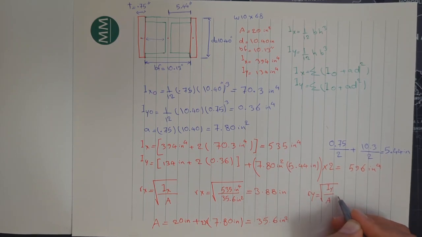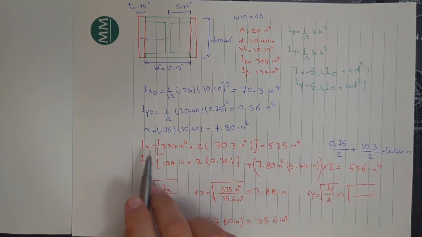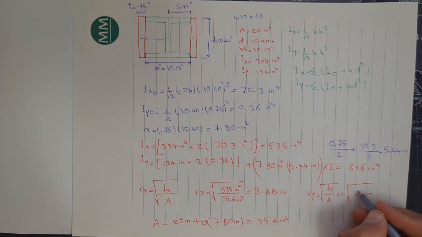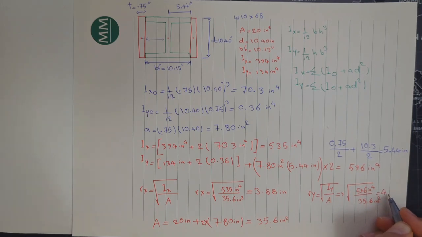the root of IY over A. So how much was our IY? The IY was right here, 596.4, and the A was 35.6, and the answer is 4.092.